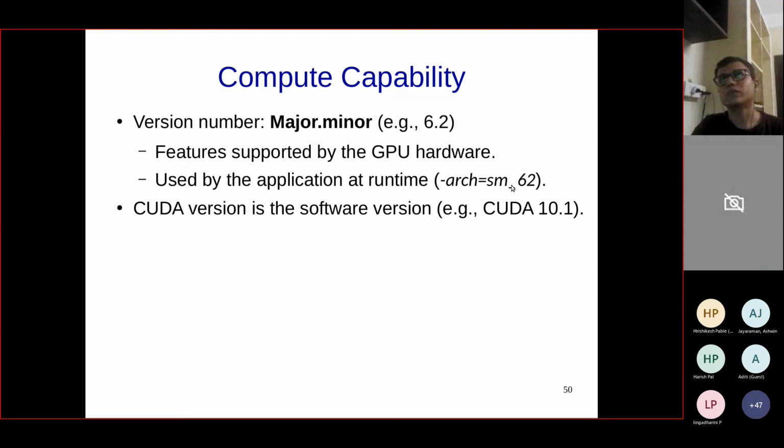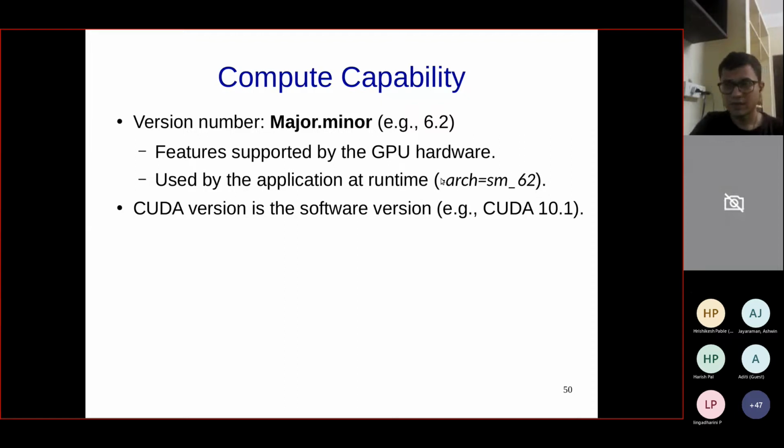Let us say your NVCC compiler was by default compiling your code with version number 62, but you have used some functionality like atomics on double precision floating point numbers, which was not supported by version 62.